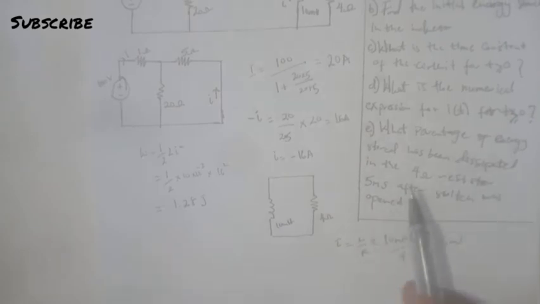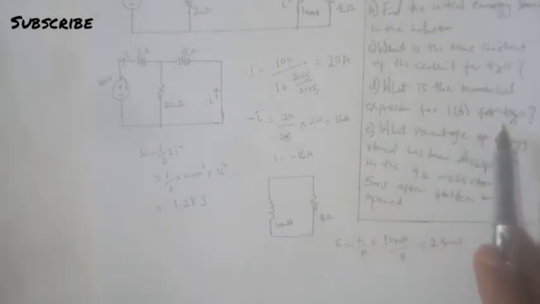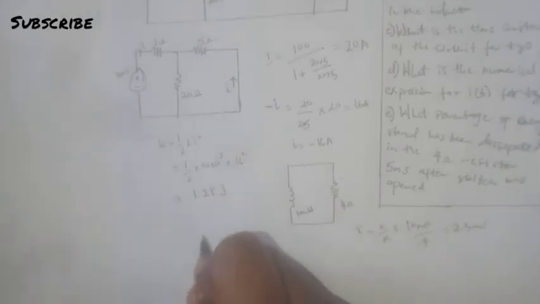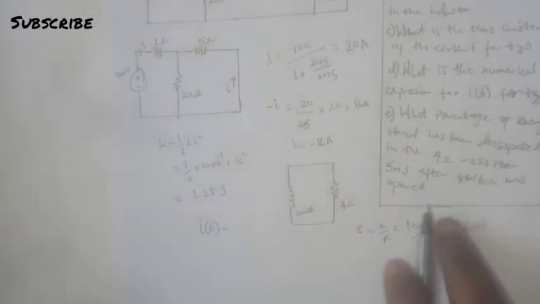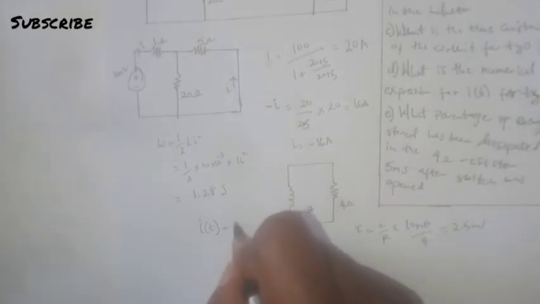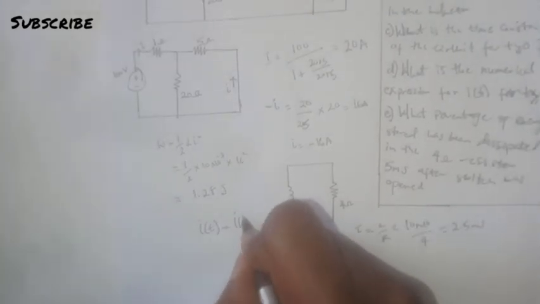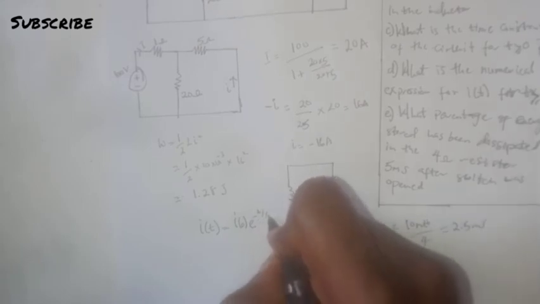For the next question, we are required to find the numerical expression for i of t for t greater than 0. And i of t, if you recall from our explanation on natural response of an RL circuit, is I naught e raised to the power minus t over tau.